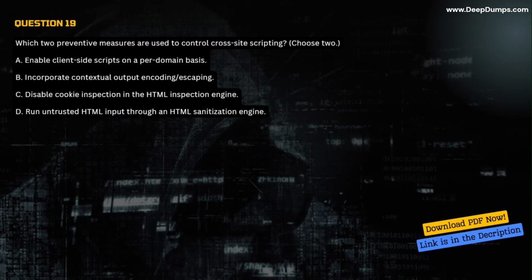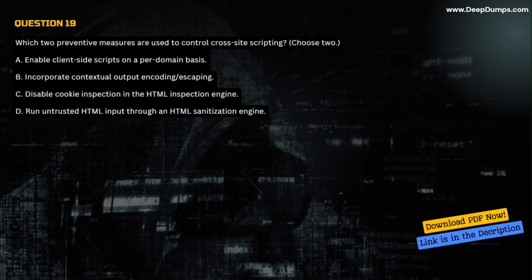Question 19. Which two preventive measures are used to control cross-site scripting? Choose two. A. Enable client-side scripts on a per-domain basis. B. Incorporate contextual output encoding/escaping. C. Disable cookie inspection in the HTML inspection engine. D. Run untrusted HTML input through an HTML sanitization engine.